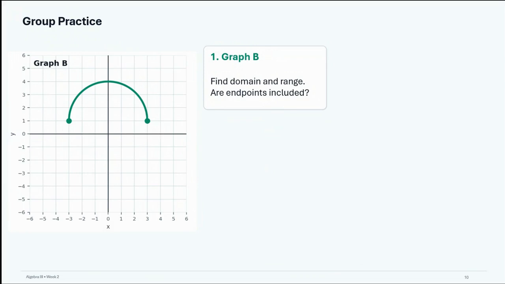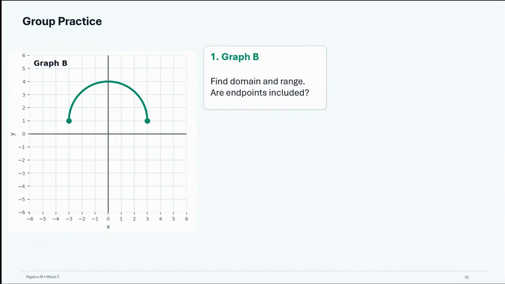Looking at the graph, the smallest x is at -3, the largest x is at 3. So I got from -3 to 3, and I used brackets. And then the range, Camden put 1 to 4.